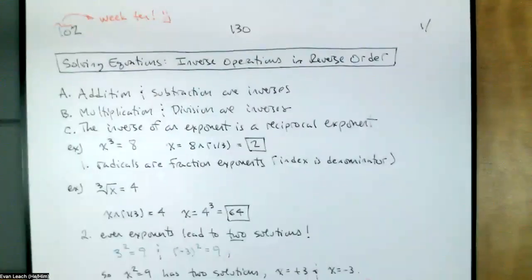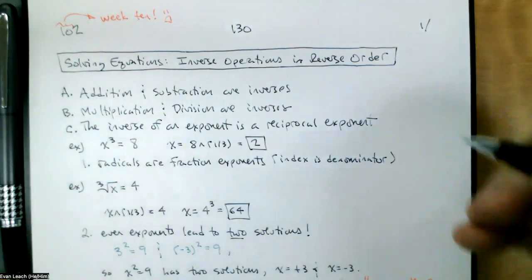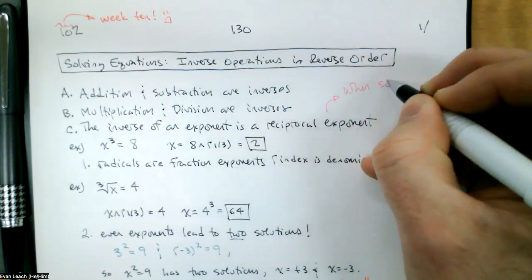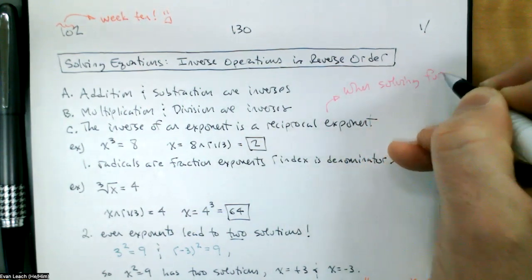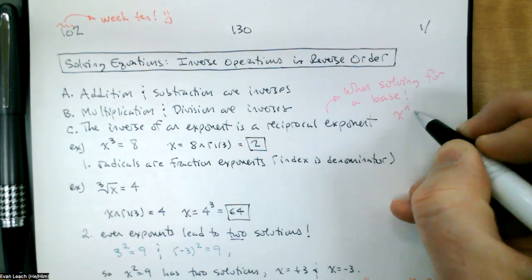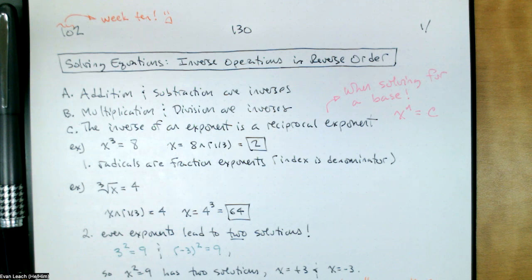So these exponent rules, where the inverse of an exponent is a reciprocal exponent, apply to solving for a base, where the unknown x is the base of the exponent. It's something else entirely if we're solving for the exponent, if the exponent is the variable. So the inverse of an exponent is a reciprocal exponent. This applies to solving for a base.